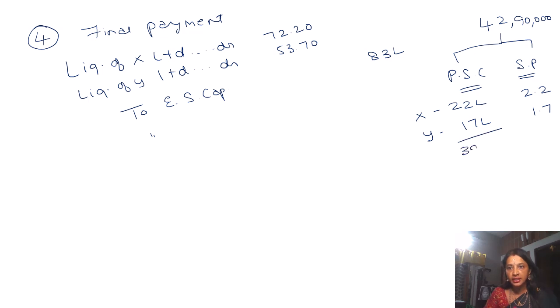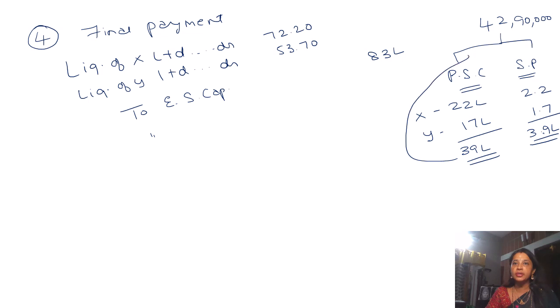So 39 lakhs, then 3.9 lakhs. So this is preference share capital, this is securities premium, shown separately. The total will remain the same. It will come up to 42,90,000, but you have to show it separately. Show the premium amount separately and transfer it to securities premium, which is a type of reserve.